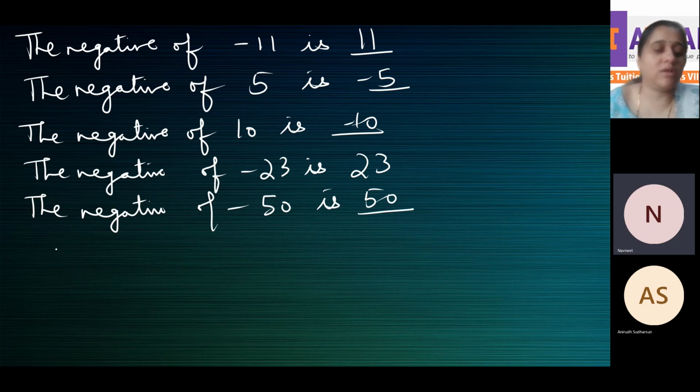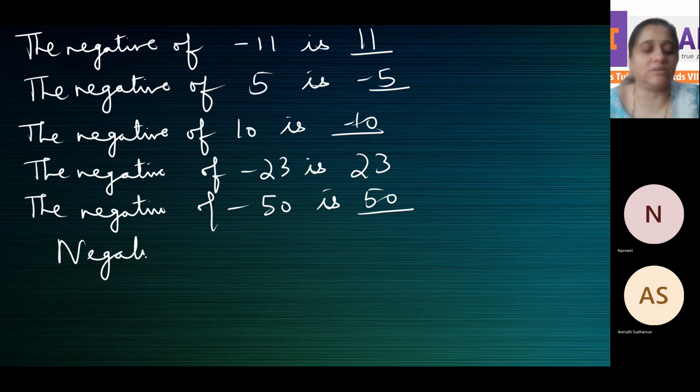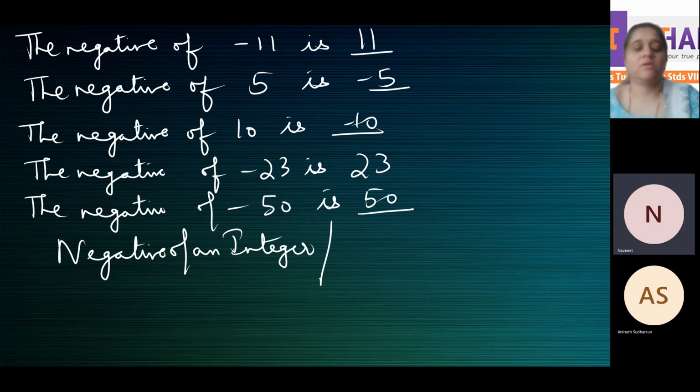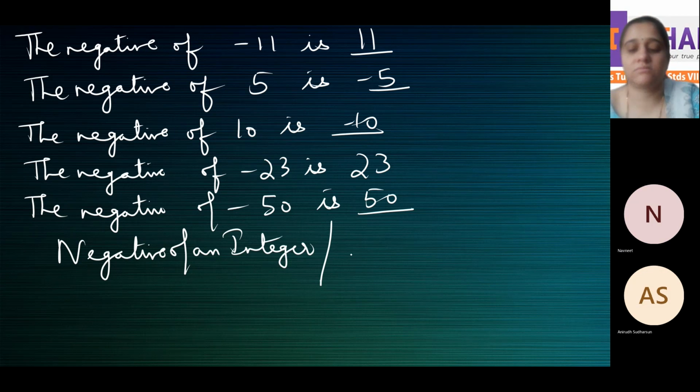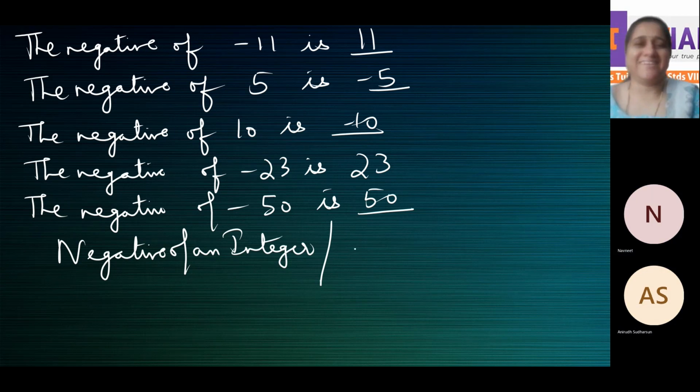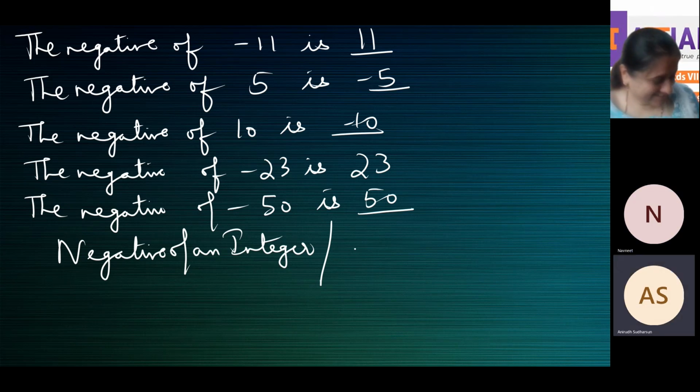Very good. Now, Anirudh, tell me, what is the other term for negative of an integer? What is negative of an integer also called? Reciprocal. Navneet?